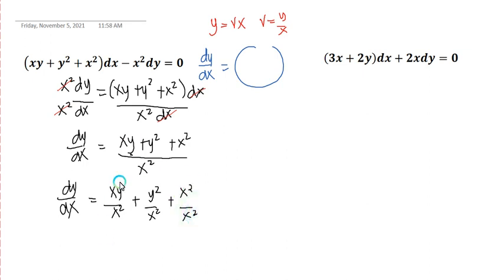Okay, so ang natabo dari, this one will be equal to y all over x na lang, plus y squared all over x squared, plus makancel ni, this will be equal to 1 na lang.